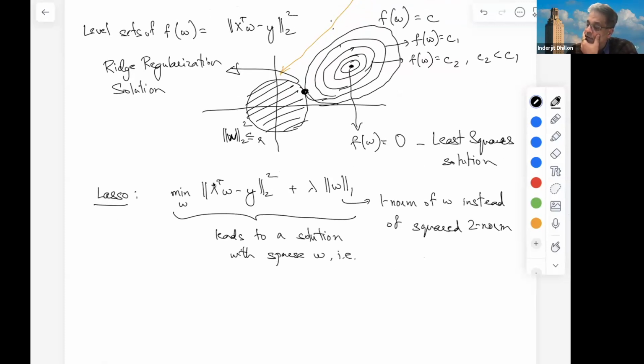That is a coefficient vector with many zeros. You can think of that as basically a more parsimonious model.